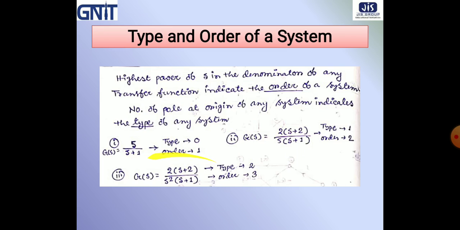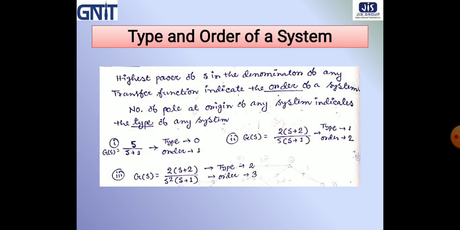Now if we take this example, we can see the total number of poles present in the system is 3. 2 poles are present at the origin and 1 pole at -1. That means a total of 3 poles are present in the system. That's why the order of the system is 3.